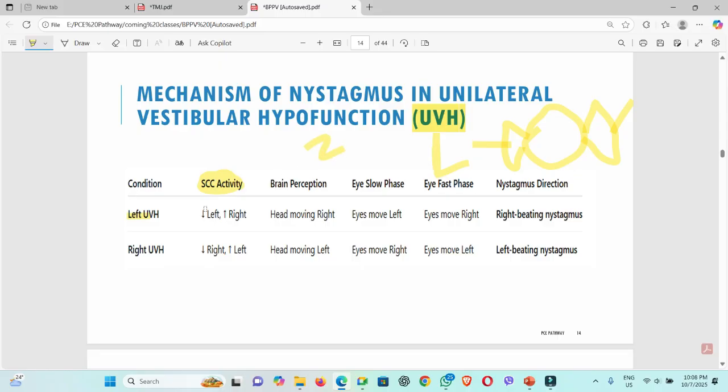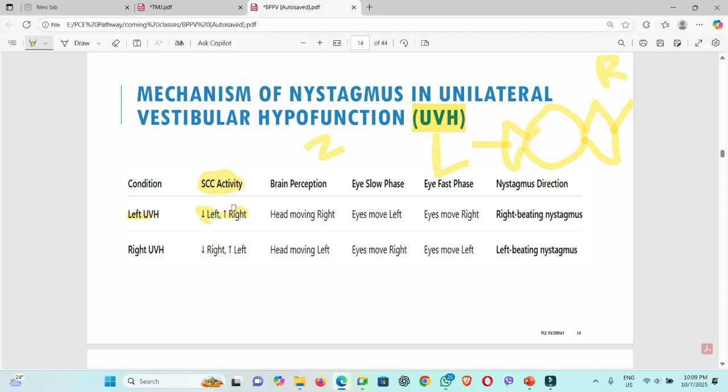So hypofunction, right? So left side semicircular canal activity will definitely be less. If left unilateral vestibular hypofunction is there, that means on the left side semicircular canal activity will be decreased, and compared to the left side, semicircular canal activity on the right side will be high. Got it, guys?